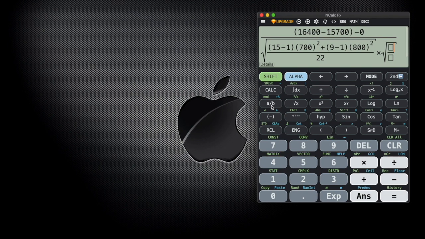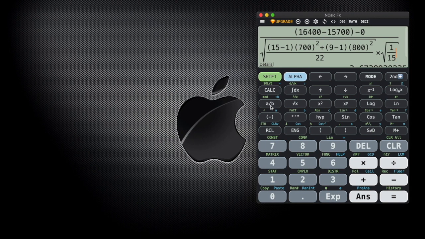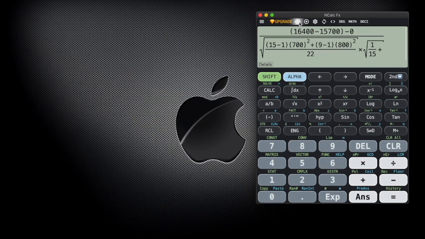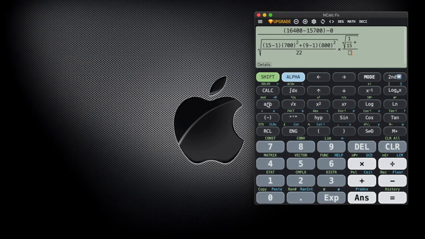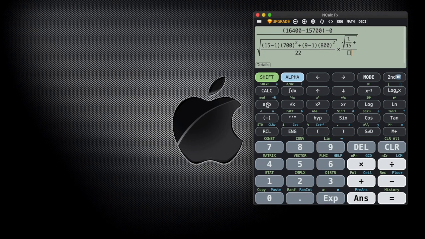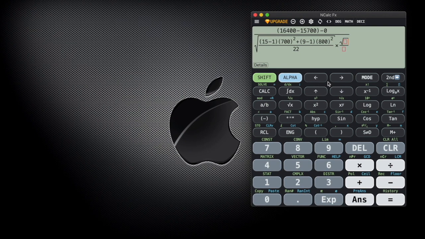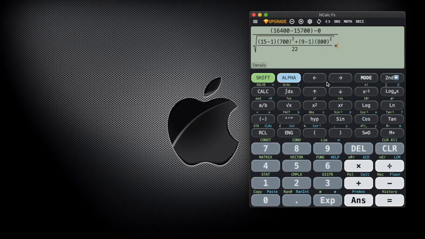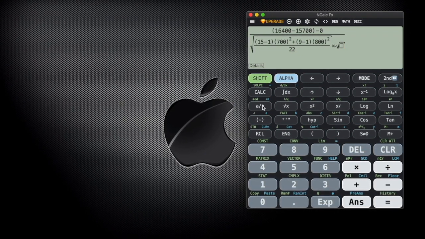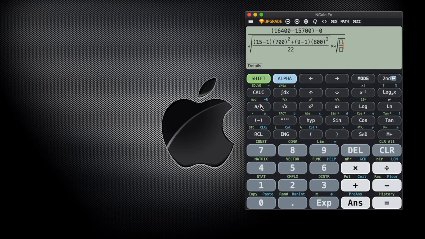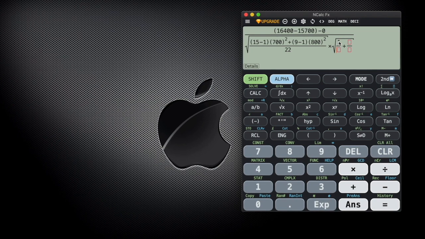Let's have our fraction. 1 over 15 plus another fraction.